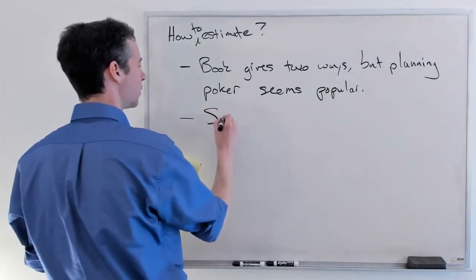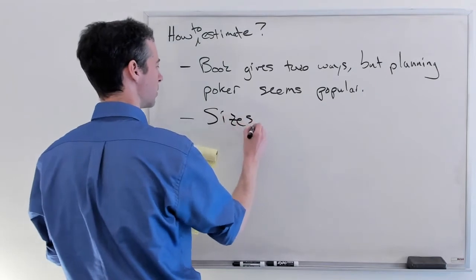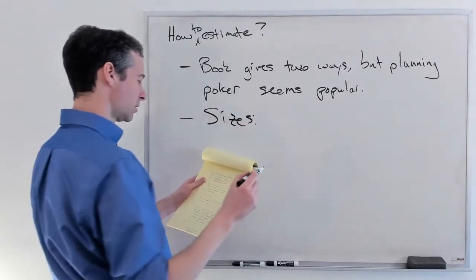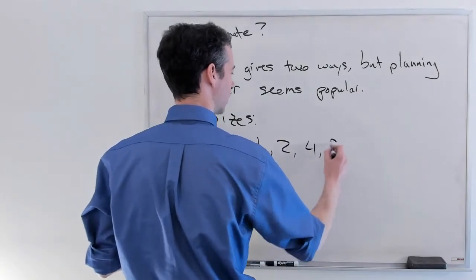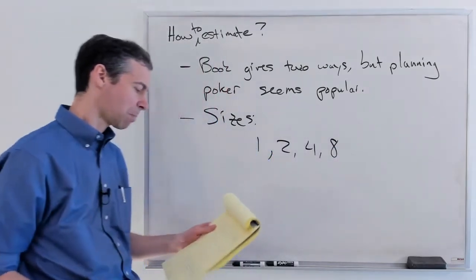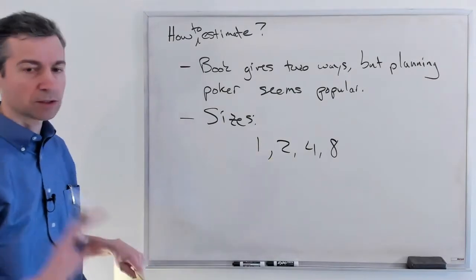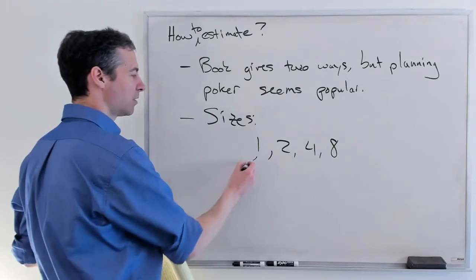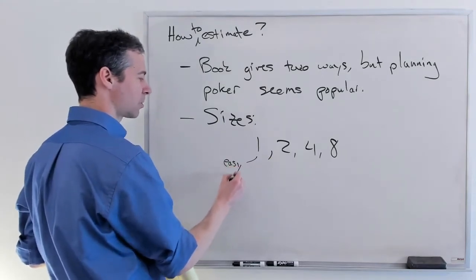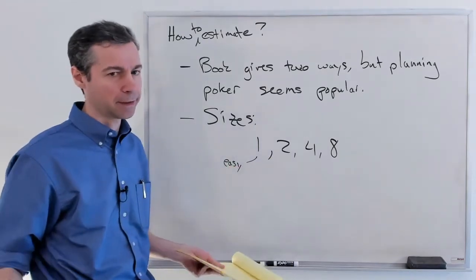Now, for the sizes, we're going to use the scale 1, 2, 4, and 8, okay? And we have a document that describes some general descriptions for people. But again, these, you could call them easy. Of course, nothing's really easy.